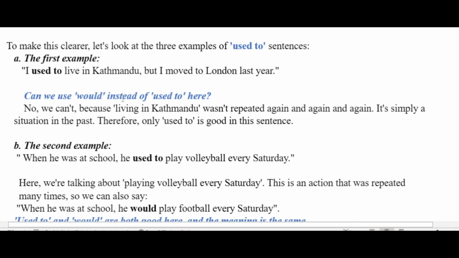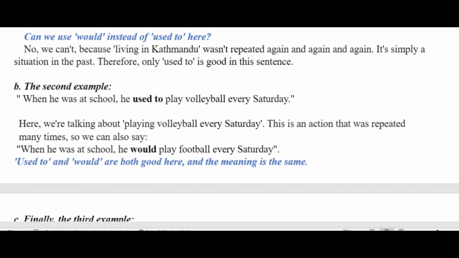Can we use would instead of used to here? No, we can't, because living in Kathmandu wasn't repeated again and again. It is simply a situation in the past. Therefore, only used to is good in this sentence. The second example, when he was at school, he used to play volleyball every Saturday.